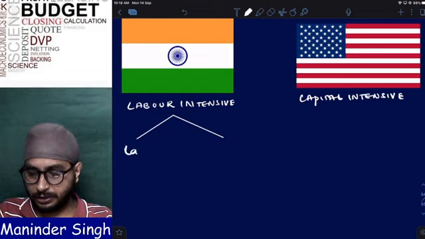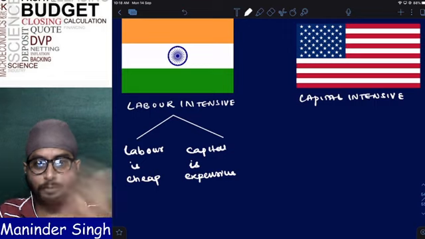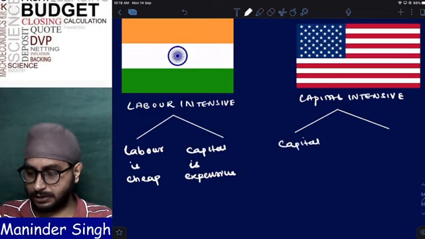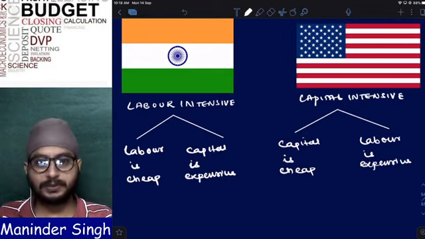Sir, in India, labor is cheap and capital is expensive. Simple. That is why we import capital, right? And in US, what is cheap? Capital is cheap and labor is expensive. Correct or not?